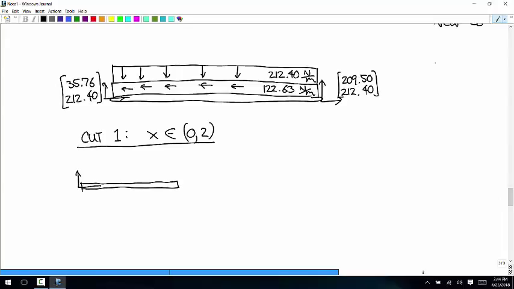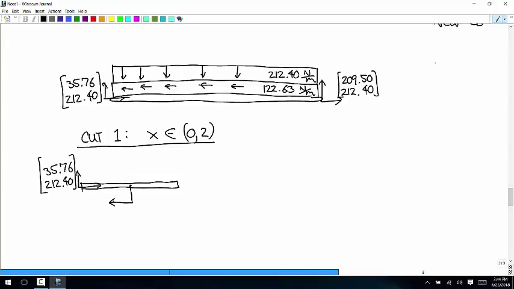We have the force vector over here of 35.76 and 12.40.